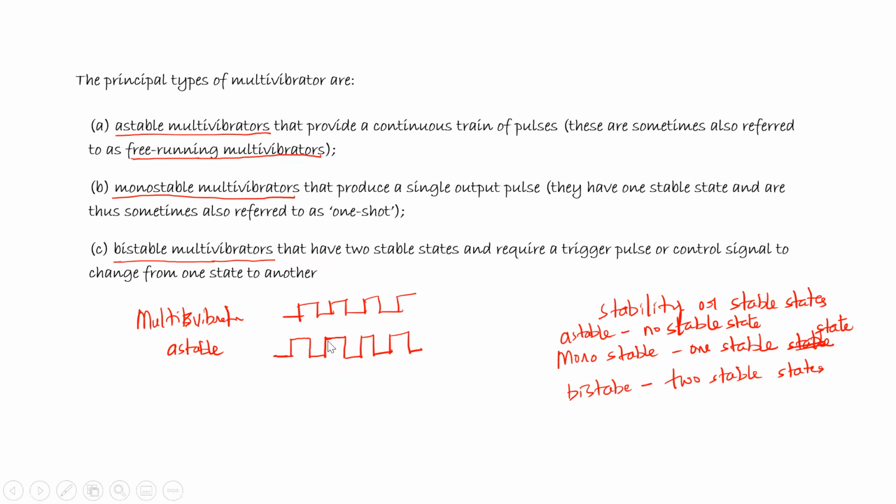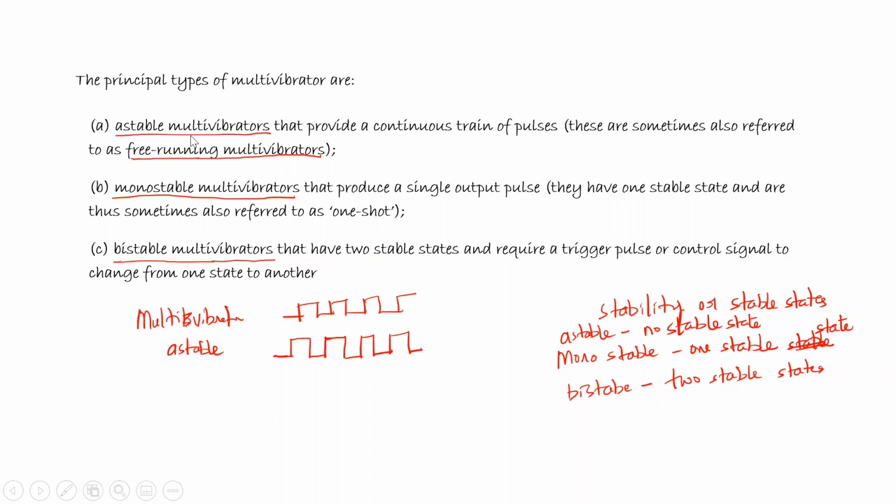There is no external input at all in astable multivibrators. So they are called free running oscillations. They become zero, one, zero, one, continuously switching between zero and one.